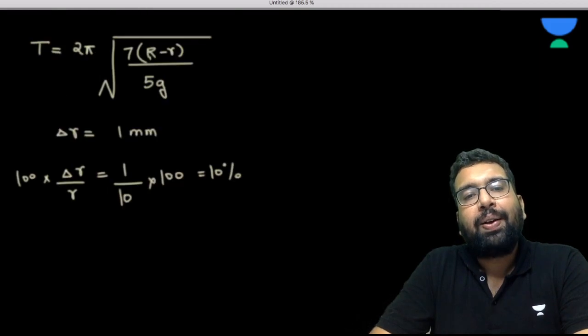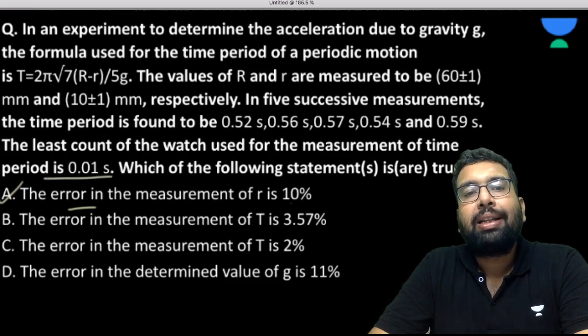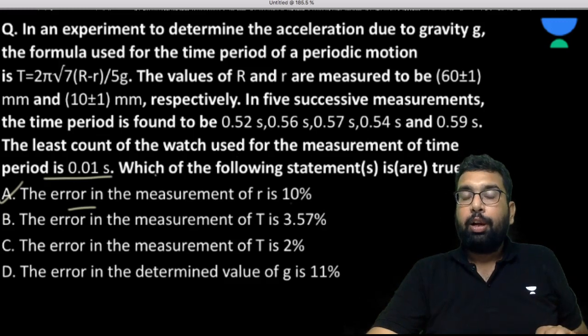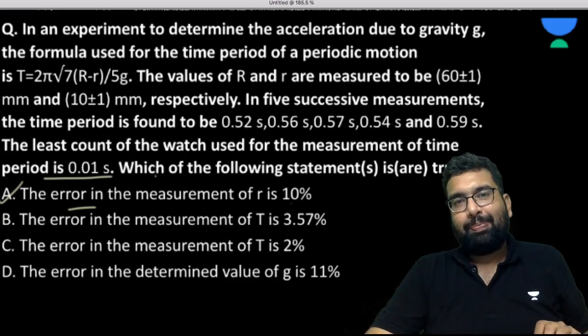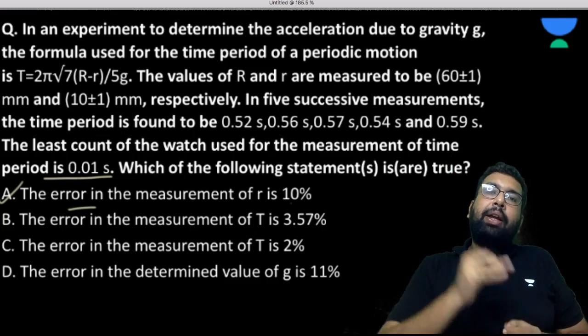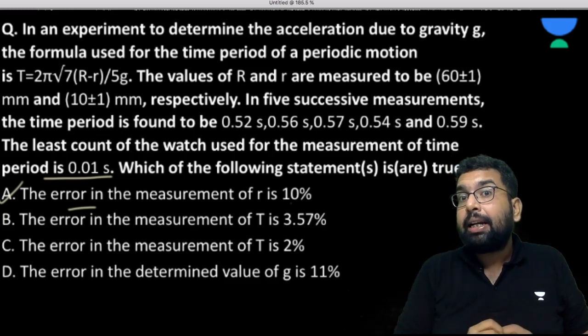Delta T is 0.01 second, because the least count of the watch used for measurement of time is 0.01 second. Is it capital delta T or small delta T? Previously, in all the questions we have been using a small delta T, but here it is capital delta T. How come?